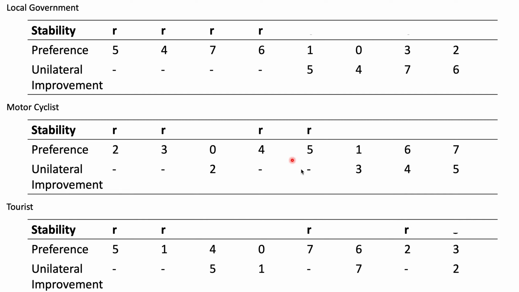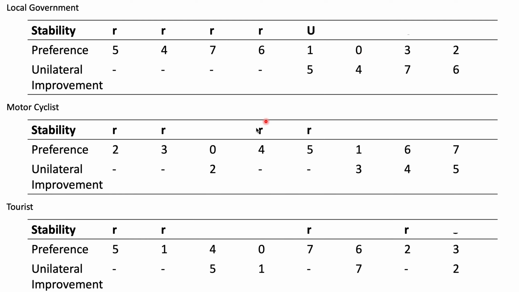Scenario 5 is already a rational choice from the perspective of motorcyclists. So if this happens, scenario 1 for local government is called an unstable choice. Hence we mark it with U. Next, for scenario 0, the local government would actually prefer scenario 4.